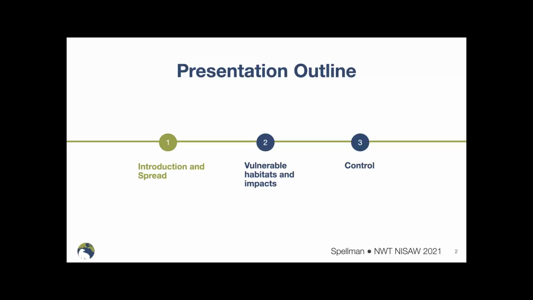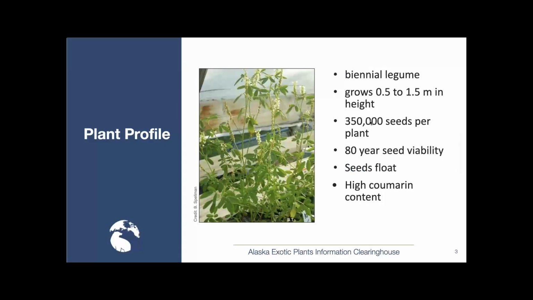And then we've actually had a pretty strong body of research on the impacts of sweet clover here in the boreal forests of Alaska. And then finally, we've had some great work being done on how to control sweet clover and what are the most effective methods.